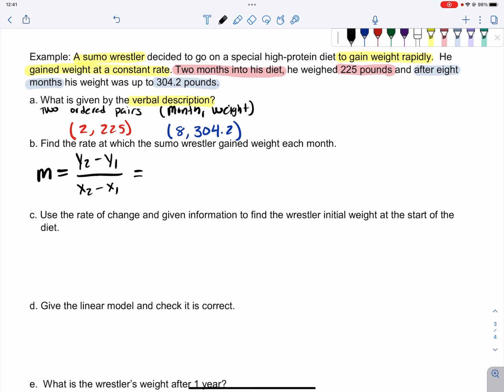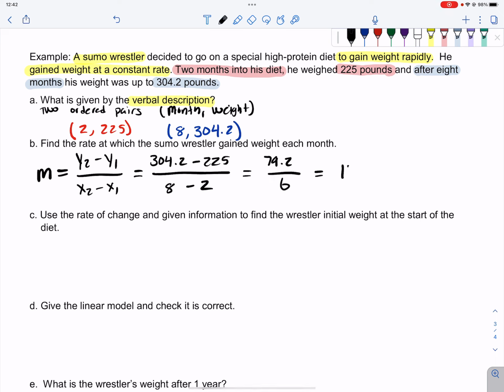So this is going to give us 304.2 minus 225 over 8 minus 2. That gives us 79.2 over 6, which can be simplified to 13.2.